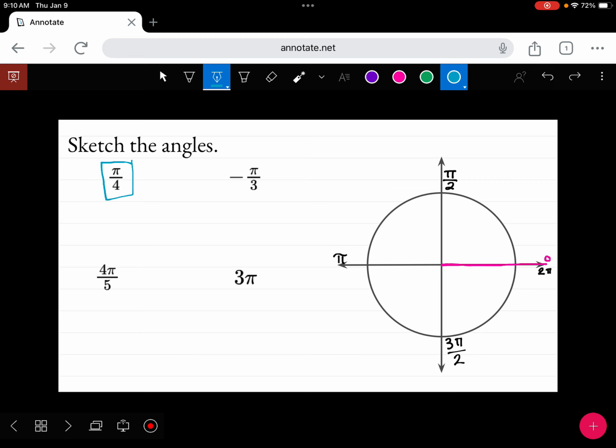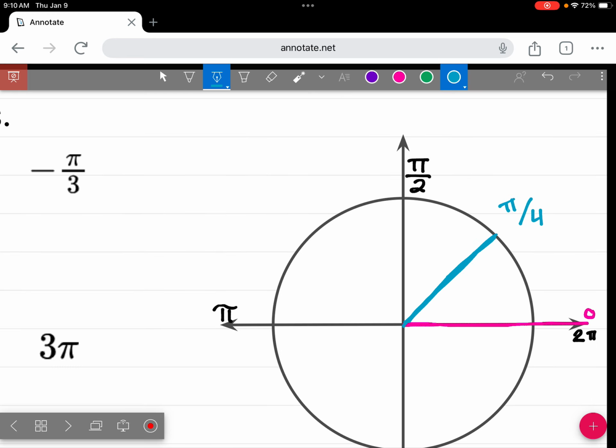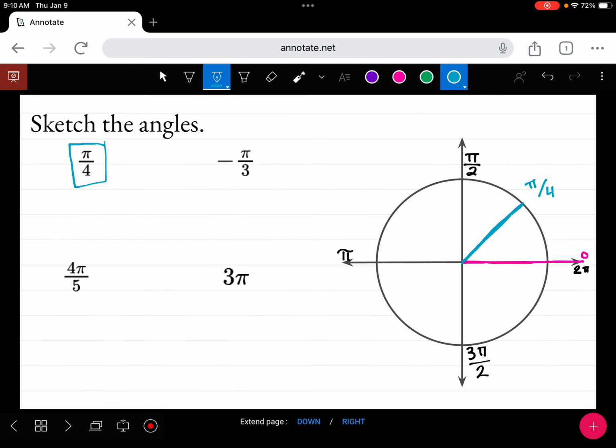This guy right here, halfway between 0 and pi over 2, is where we're going to have pi over 4. Because this would be the same thing as 2 pi over 4, right?